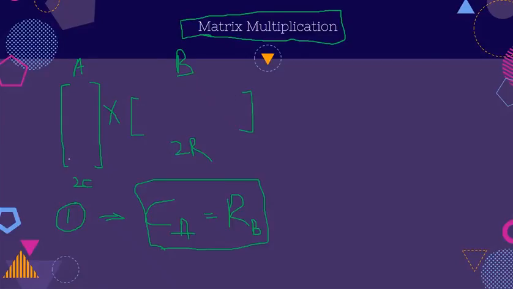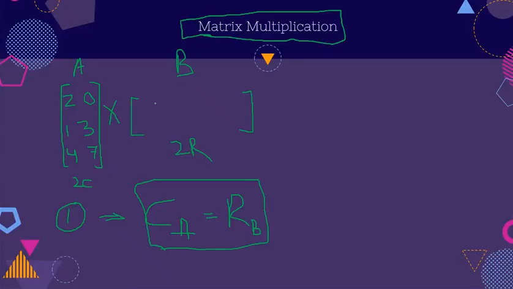Okay, so let's have two columns here and two rows here, right? Let's go ahead and create our matrices. This has to have two columns, so let me put some random numbers here, maybe 2, 0, 1, 3, 4, 7. So this has two columns and three rows, and I need to have two rows here.